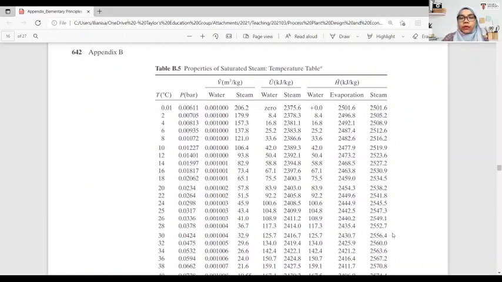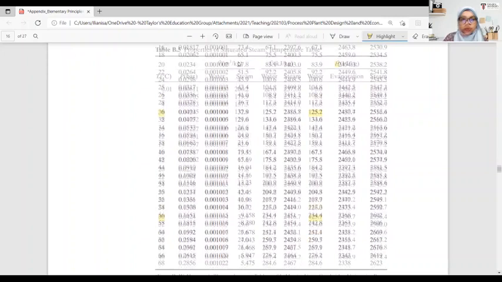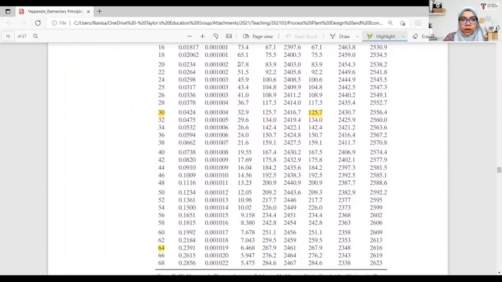To solve that problem, we have the condition of saturated steam, right? So you may refer to table B5. Okay, the given temperature is 30 degrees Celsius. The enthalpy, we consider for water because it is still a liquid state. And then the second stream at 65, so you may perform the interpolation between these temperatures to obtain the value at 65 degrees Celsius.